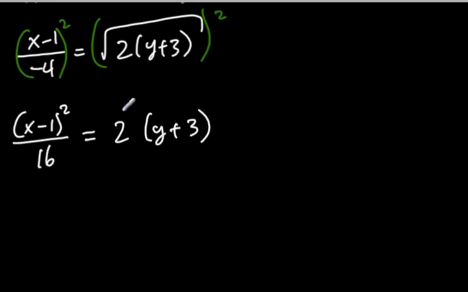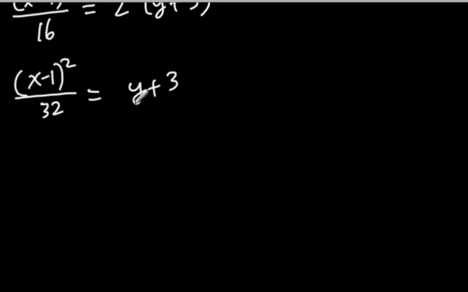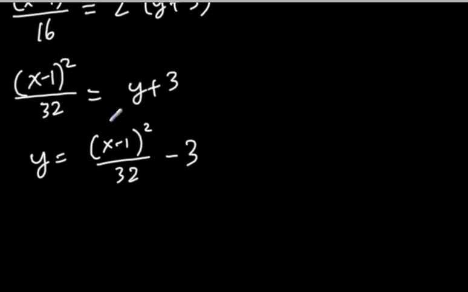Next thing I'm going to do is divide by 2. If I divide this expression by 2, the 16 and the 2 will multiply. So we get x minus 1 squared over 32 is equal to y plus 3. And finally, if I want just y by itself, y is going to be x minus 1 squared divided by 32 minus 3, because I've subtracted it from both sides.